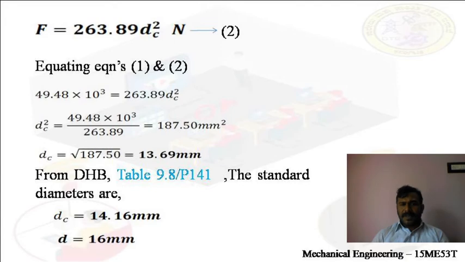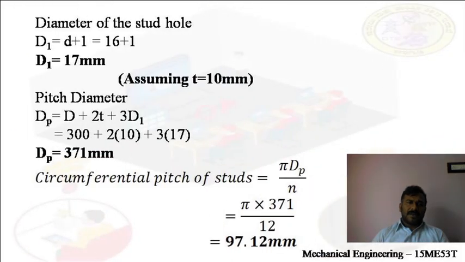So there is a procedure for calculating that circumferential pitch. Firstly, we are going to calculate the diameter of the stud hole. That is given by capital D1 is equal to d plus 1, where 1 mm is the clearance for placing the studs. That is 16 plus 1 gives 17 mm.